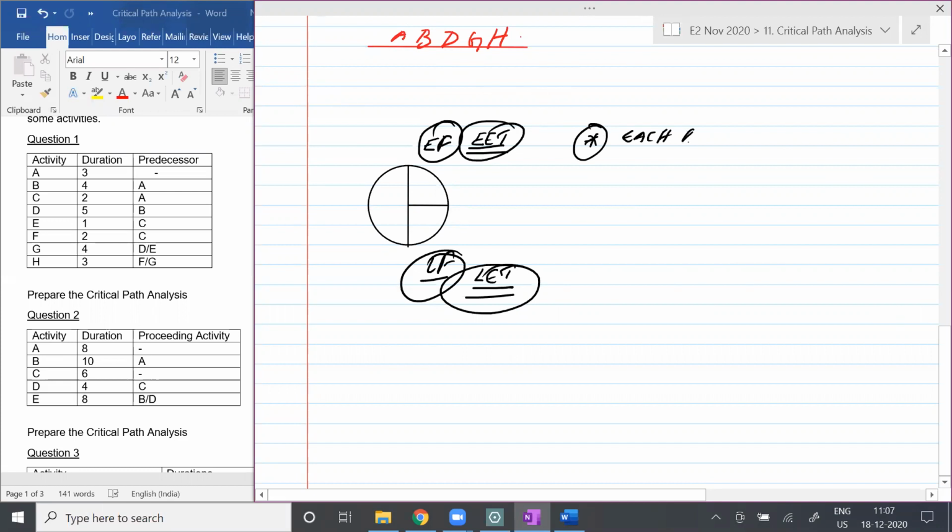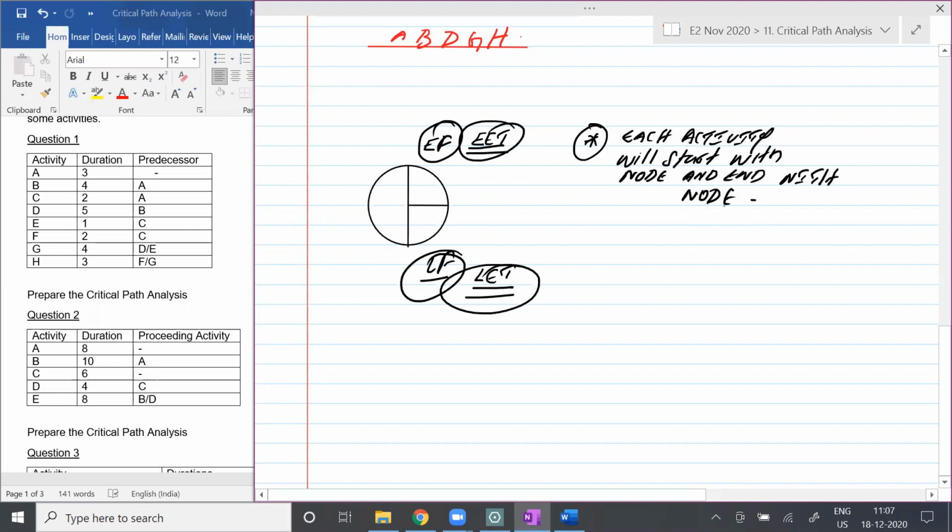Each activity will start with a node and end with what? A node. Start with a node, end with a node.